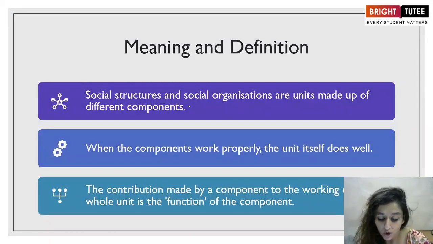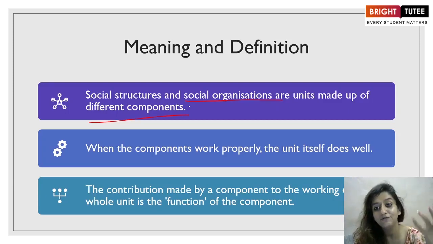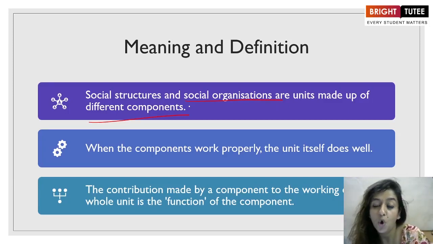Now, when you talk about social structures, social structures and social organizations are units that are made up of different components. We did talk about our human body, which has different parts and different organs, and all of those work as the different components present there.